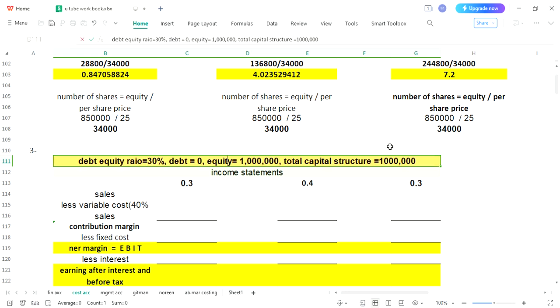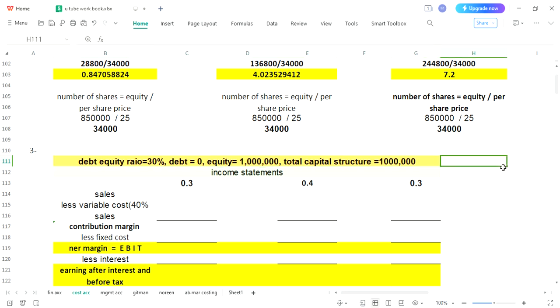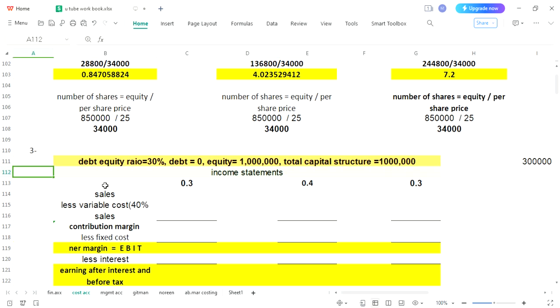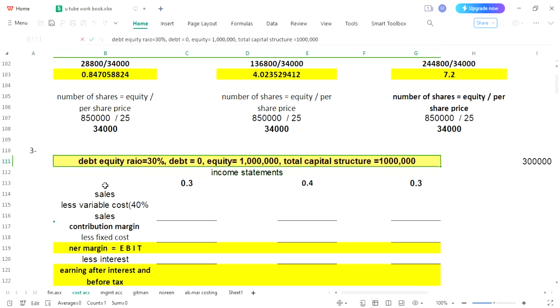Obviously the total capital structure over here is 1 million, and out of this 1 million we have 30% debt. So multiply by 30 divided by 100. We have got 3 lakh as our debt. So instead of 0, this debt would be converted to 3 lakh.